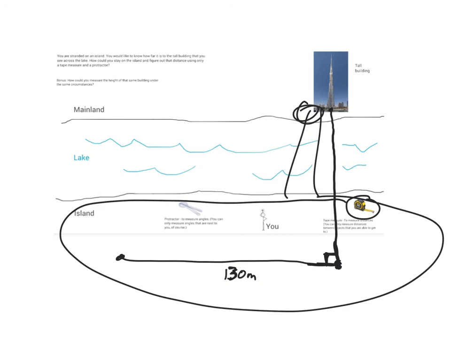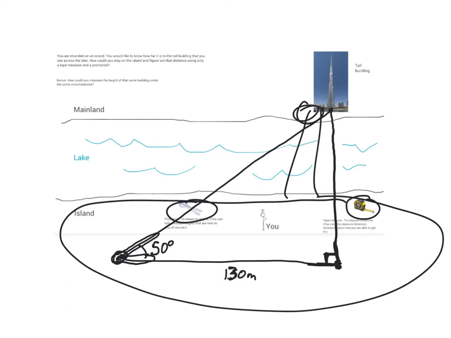I can actually take my protractor and set it up so that one edge is pointing here and the other edge is pointing there, and it'll tell me that angle. So I can point it right at that building. Let's say that angle is, well, let's say it's like a 50-degree angle. Right?